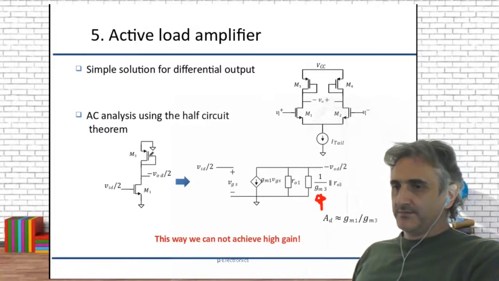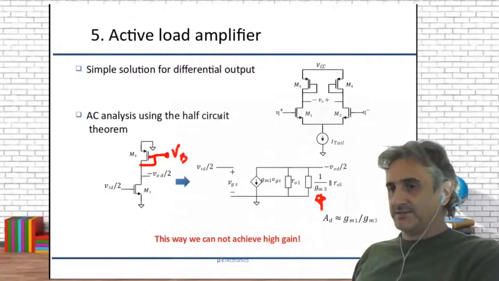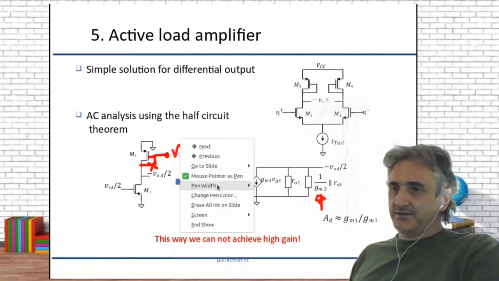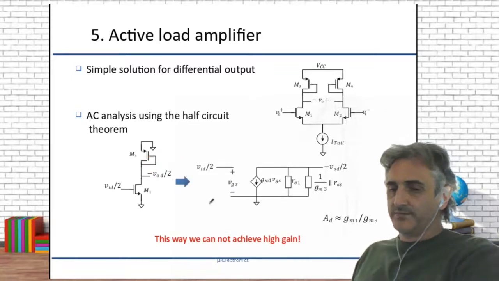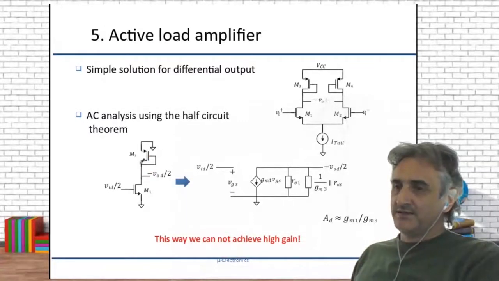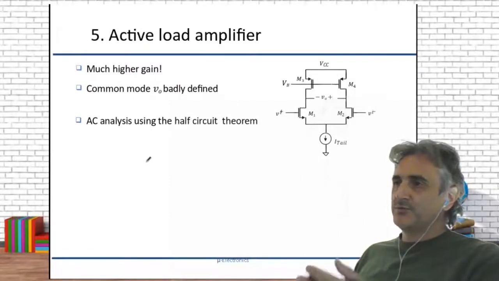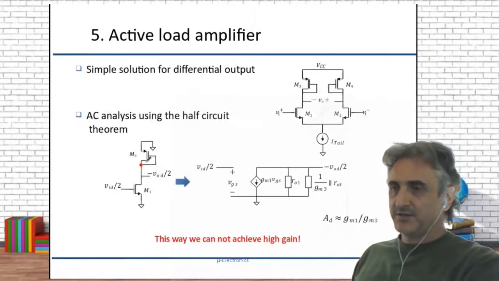But the only reason we do that is in order for the gate of the transistor to have a given bias point. We don't need this connection for anything else than getting this bias point. So let's provide it with a bias which is not dependent on this drain. If we get a bias not depending on this voltage, we get a much higher gain because we remove this dependence on the VGS, so this GM3 will disappear.